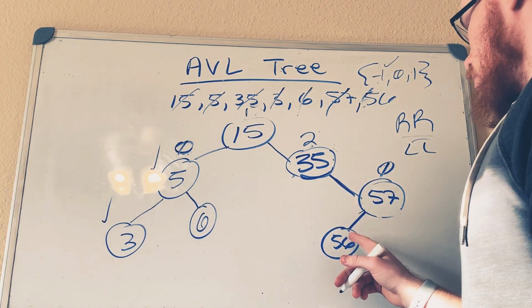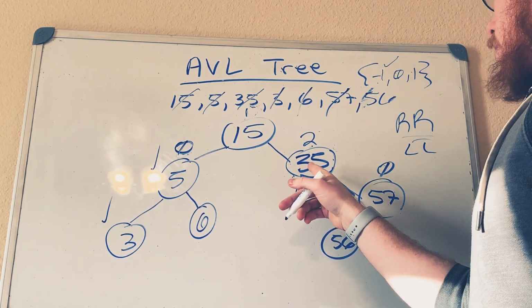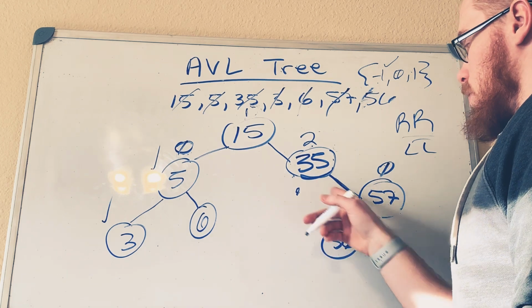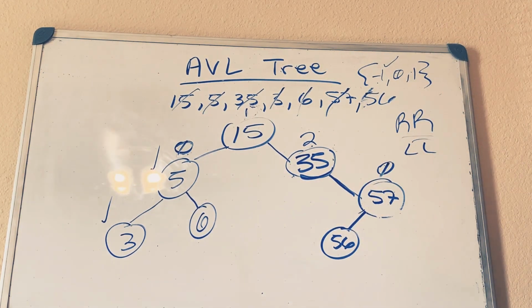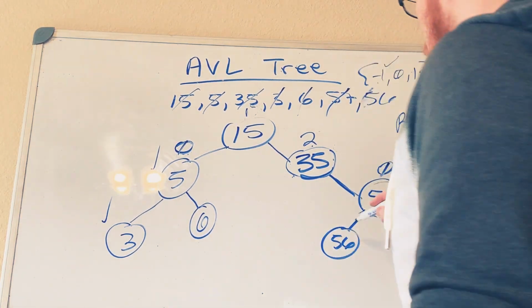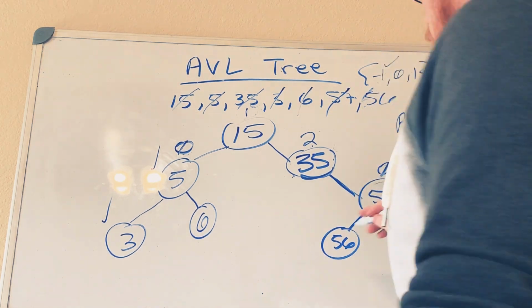So if we pulled it over the nail, we would have had 57 up here and then 56 to the right, which would have been wrong because 56 is not greater than 57. So this is where we're going to do the right-left rotation.